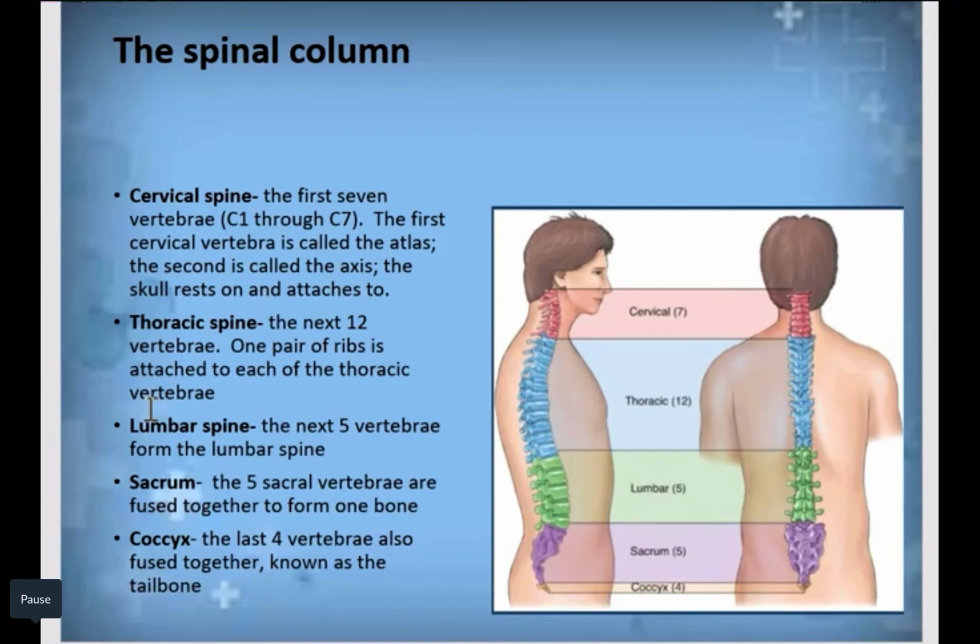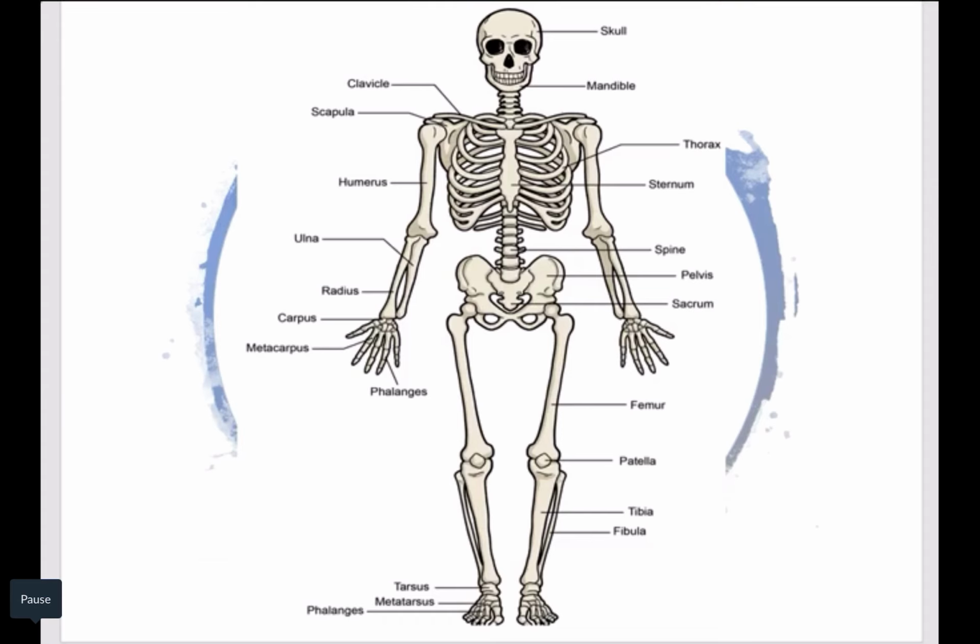One thing a student told me a few semesters back that really made sense for them to remember this: breakfast at 7, lunch at noon, and dinner at 5 is a nice little way to remember how many vertebrae are in each of the different sections.